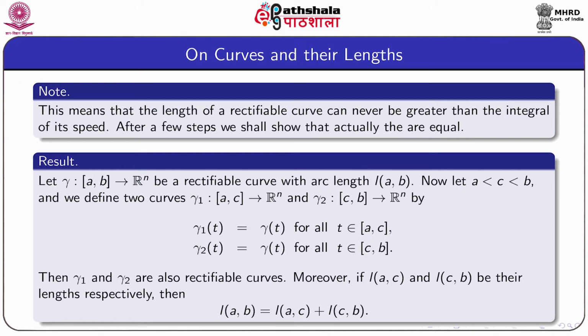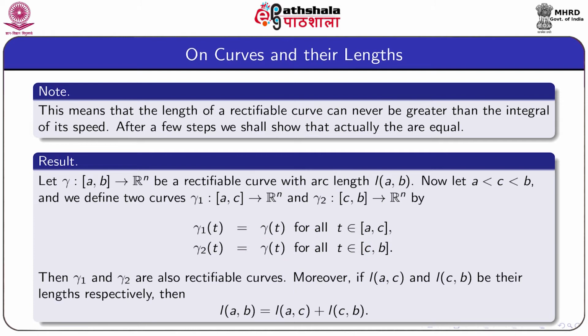Now we shall prove the additivity of the arc length function. The result reads like this. Let gamma from [a,b] to R^n be a rectifiable curve with arc length L_AB. Now let a less than c less than b, and we define two curves, gamma 1 and gamma 2, as follows. Gamma 1 from [a,c] to R^n and gamma 2 from [c,b] to R^n are defined by gamma 1(t) equal to gamma(t) for all t belonging to [a,c], and gamma 2(t) equal to gamma(t) for every t belonging to [c,b].